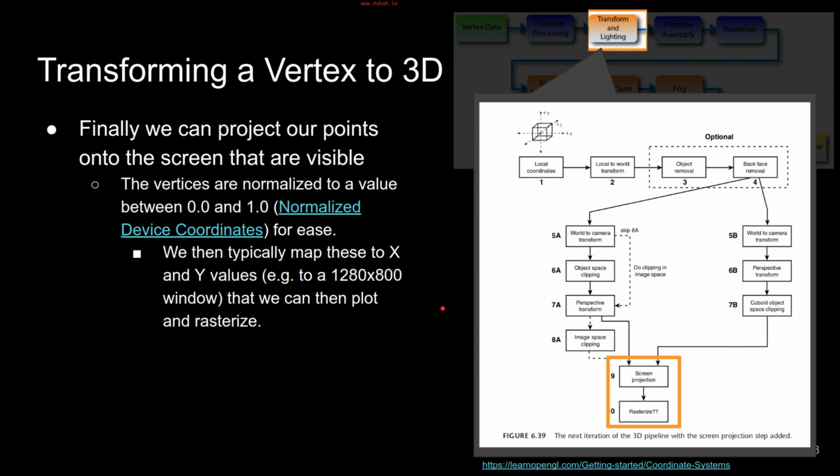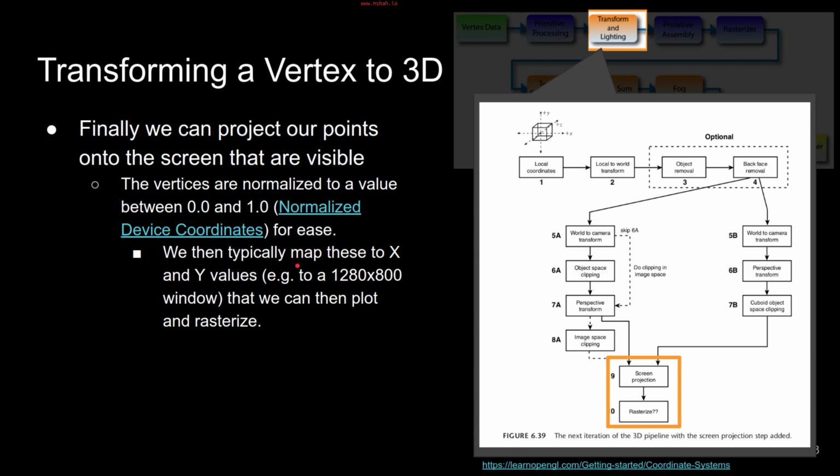Okay. And then finally, once we've done that, once we have everything in perspective, we can project our points onto the screen that are visible. Okay, so the vertices go through this process, and they are normalized to a value between 0 and 1. So the pixel locations will be 0 to 1 in the x-axis and 0 to 1 in the y-axis.